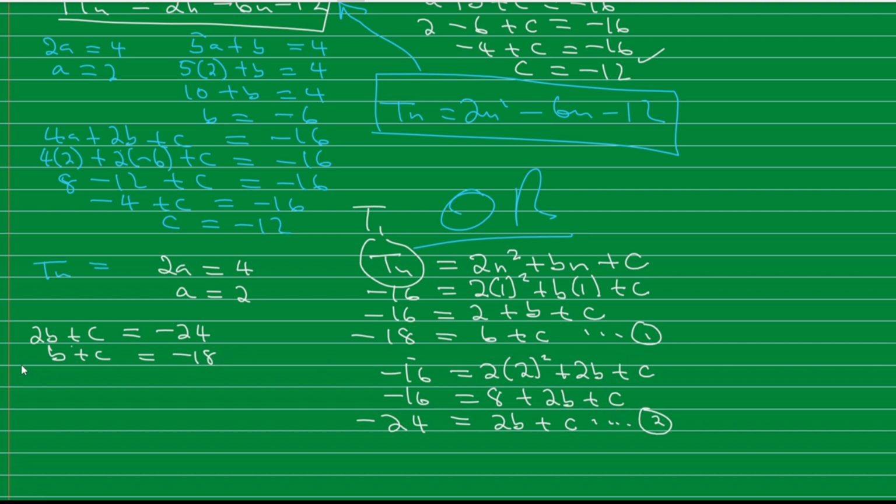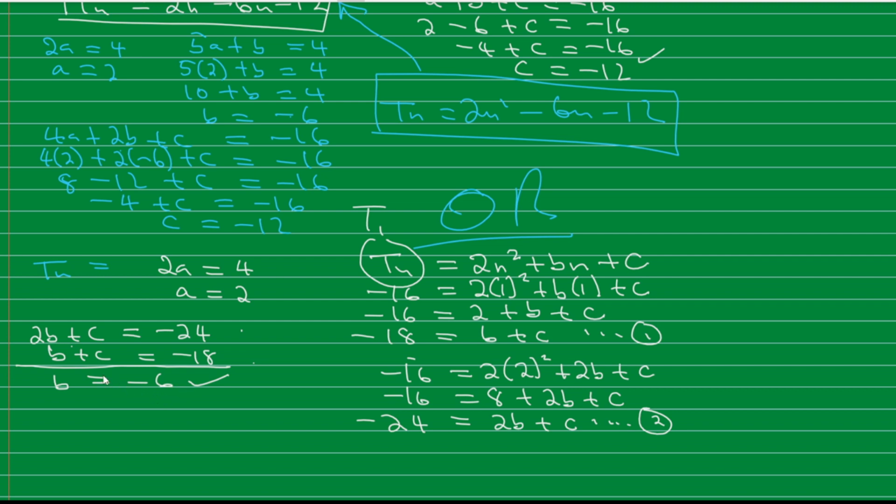Now, we can use the method of elimination here. Subtract this equation from that one. So it will be 2b subtract b, that will be b. We are eliminating c, c minus c, that will be gone. Then negative 24 subtract negative 18, that will be negative 6. So you get your b as negative 6.